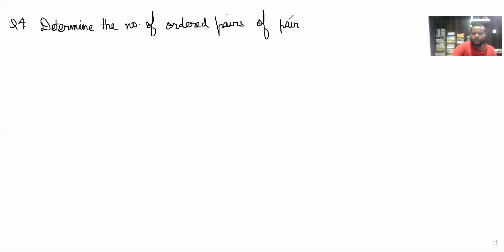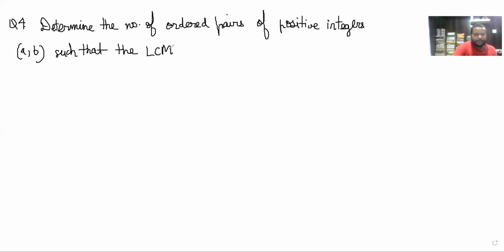Number of ordered pairs of positive integers A, B such that the LCM of A and B is 2 power 3, 5 power 7, and 11 power 13.